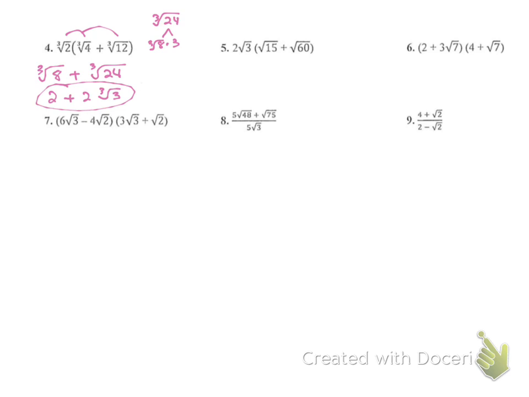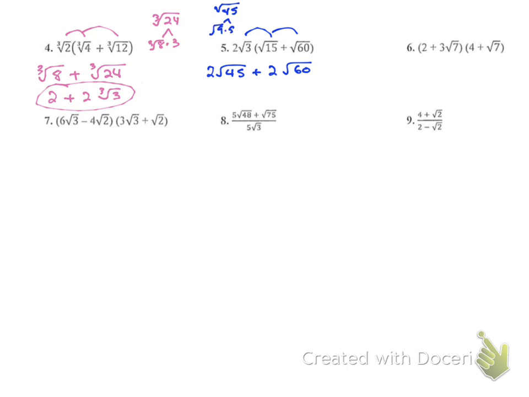All right, number 5. That will give me 2 times the square root of 45 plus 2 times the square root of 60. So if I simplify square root of 45, I'll do 9 and 5, so I can take out a 3.